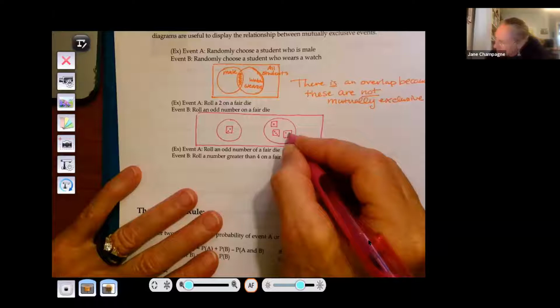So with the addition rule, we're going to be interested in events that are what are called mutually exclusive or disjoint. That's going to be important to notice whether 2 events can happen at the same time or not. All right, so disjoint or mutually exclusive just means that they can't happen at the same time.